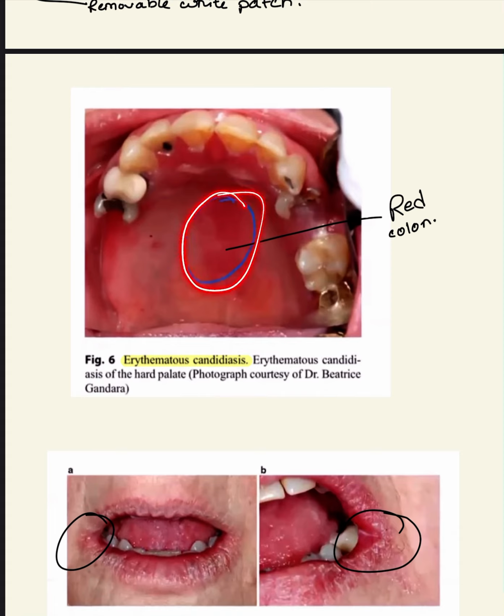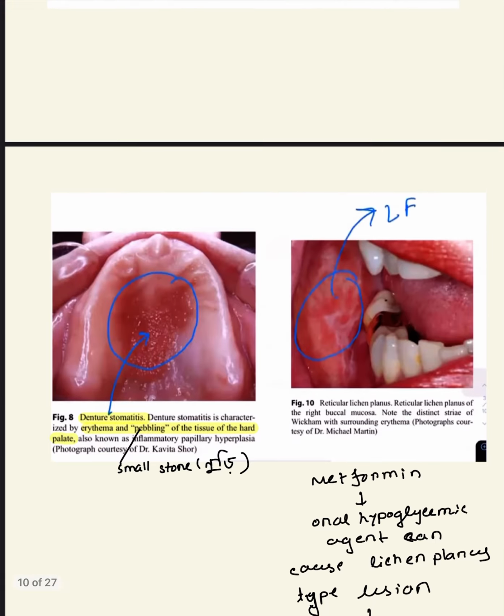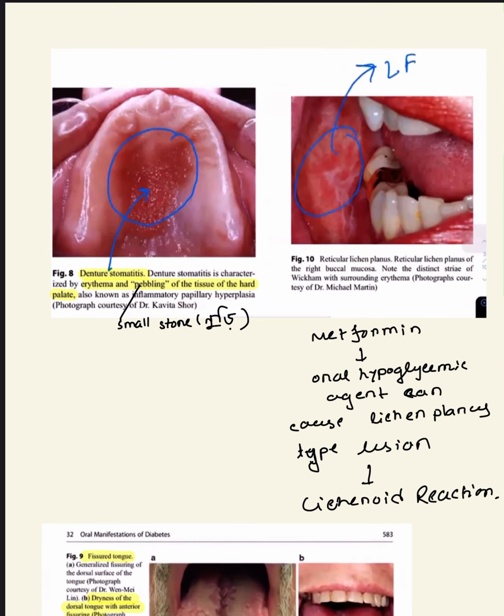Here the portion seems red and can have angular cheilitis. This kind of denture-induced stomatitis. These things are very common and can occur in diabetic patients.